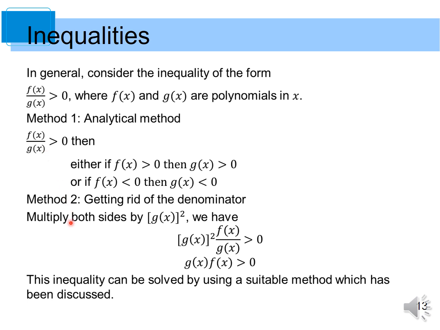For the second method, we multiply both sides by the g(x) function squared. For example, this is a rational function. We know the denominator function is the g(x) function. So we square it, and we multiply this g(x) squared on both sides.